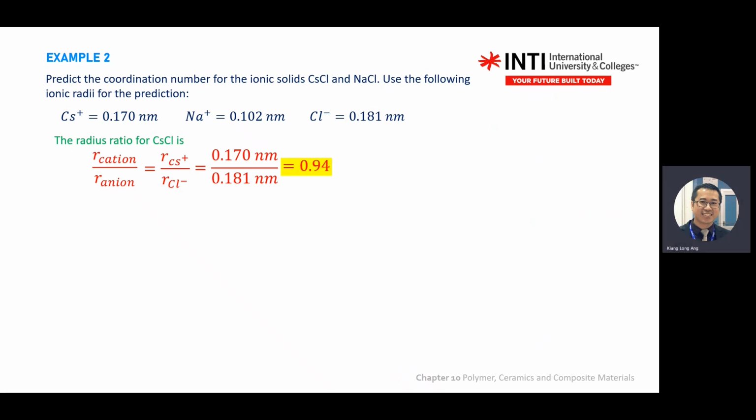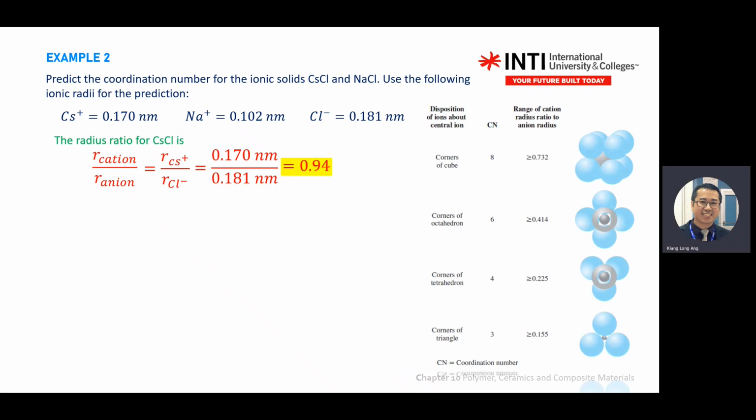Based on this, you refer to the table. The table gives you 0.94, which is more than 0.73, so it's 8. Very direct calculation. No complex things.